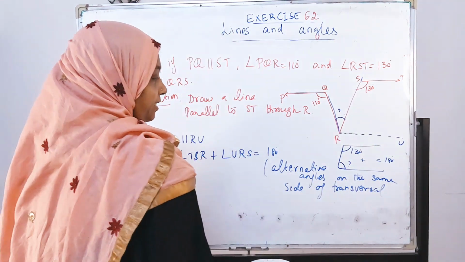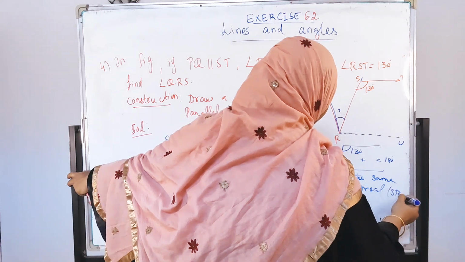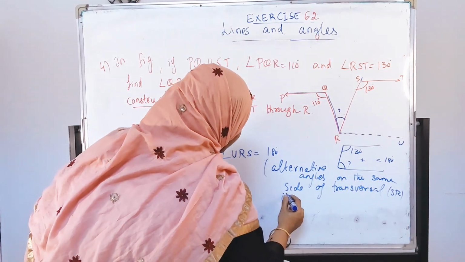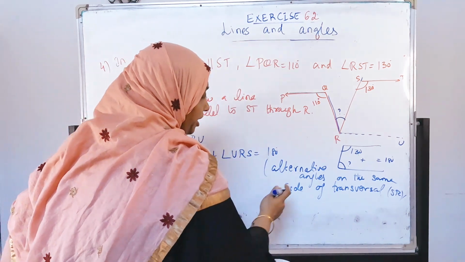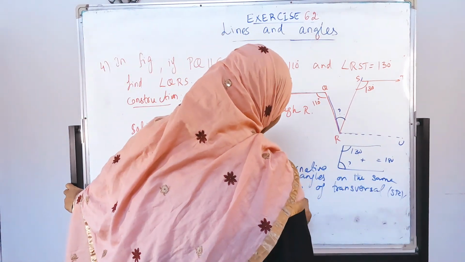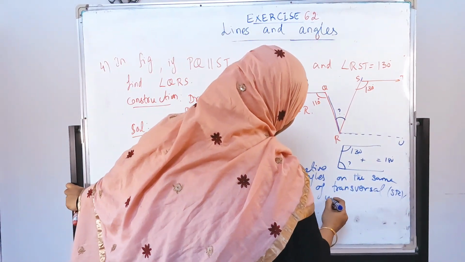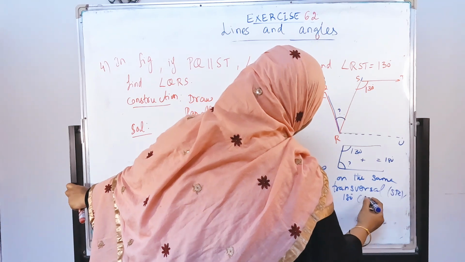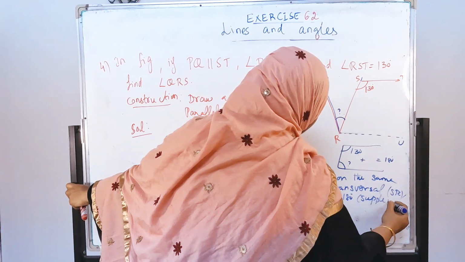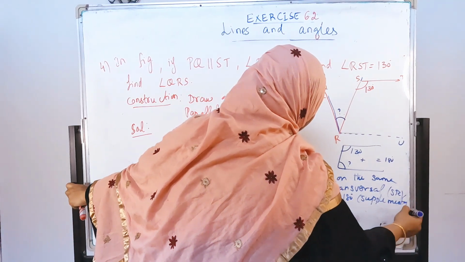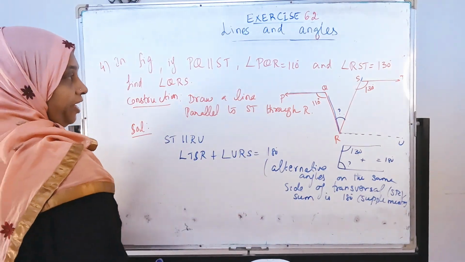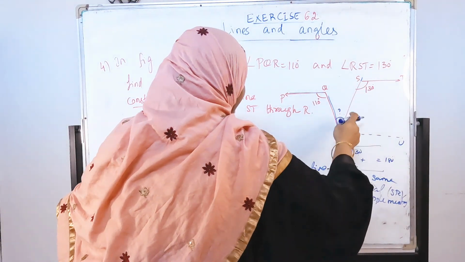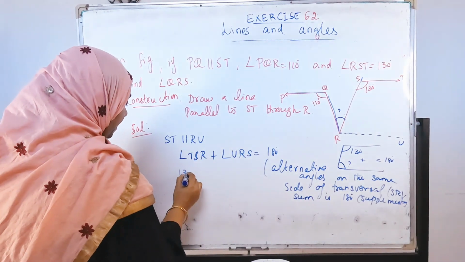That line only, SR, is the transversal here. Alternate angles on the same side of the transversal, sum is 180 degrees. That means supplementary. So both of these add to 180 degrees. We know TSR is 130 degrees.